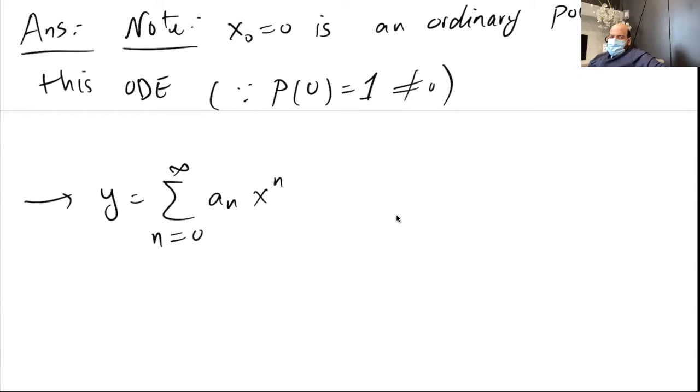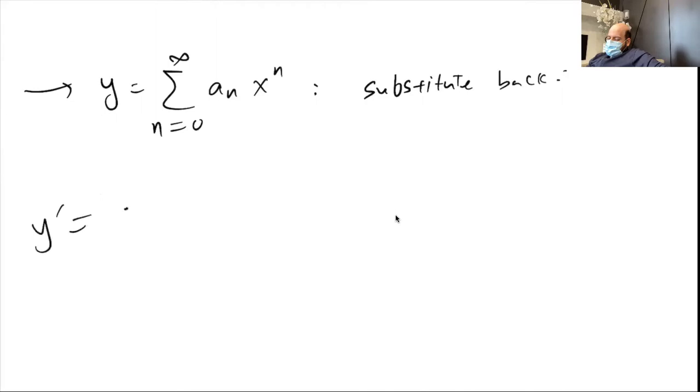So this is how we can write y, and then substitute back to find the recursive relation for a_n. So y prime will be sigma n a_n x to the power n minus 1, from 1 to infinity. First let me find y double prime as well, then I can change the indices.